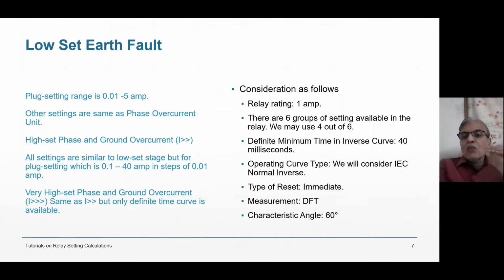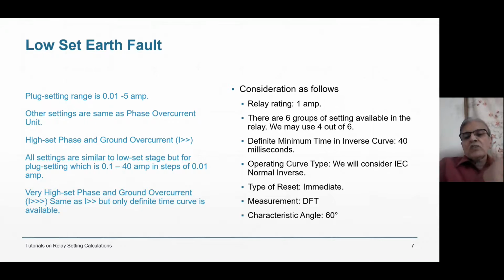How to find out the settings for the 4 groups, that we will calculate and feed to the relay, and then we have to properly configure binary inputs to change the setting from one group to another automatically. That means when one line trips, automatically the group will change to group 2.